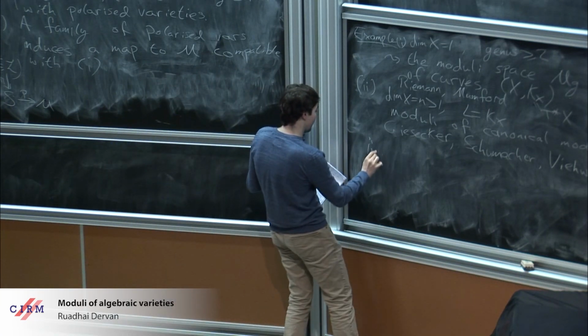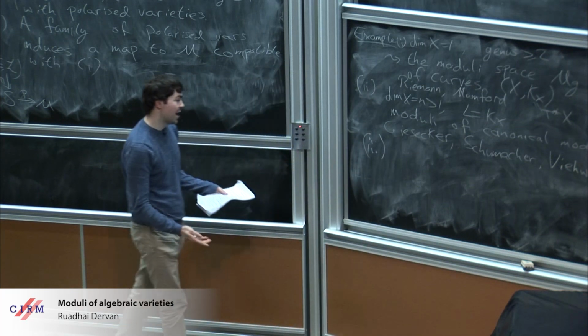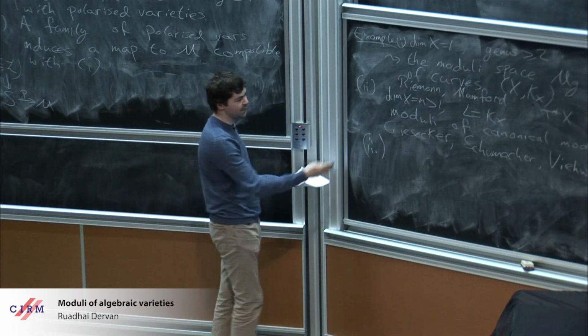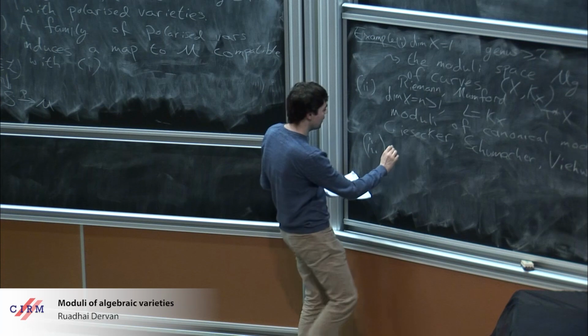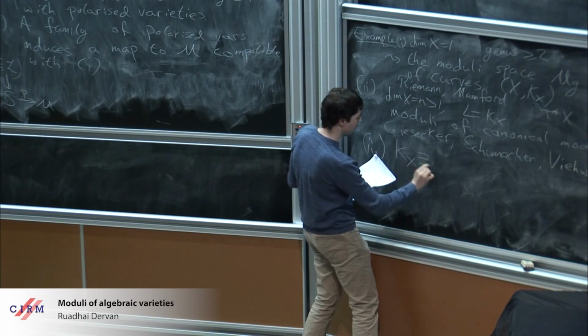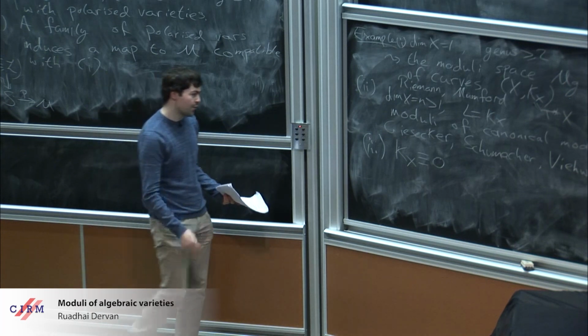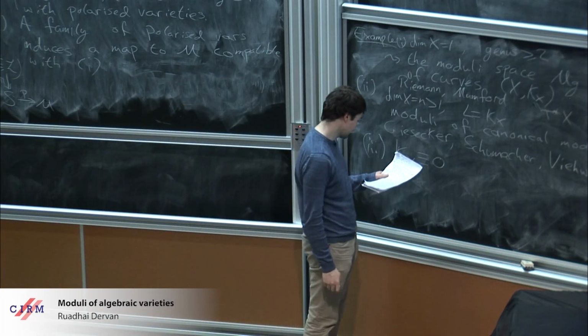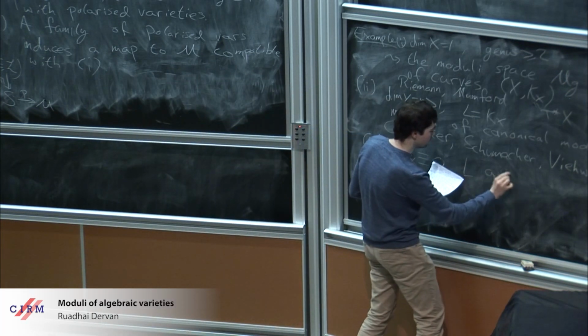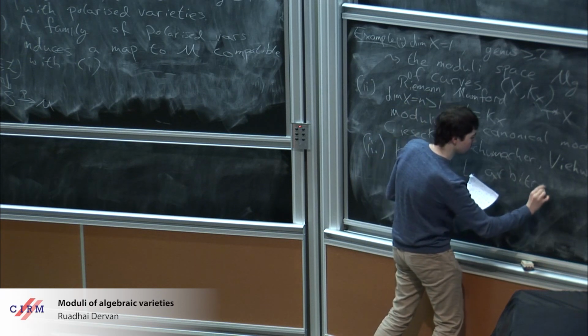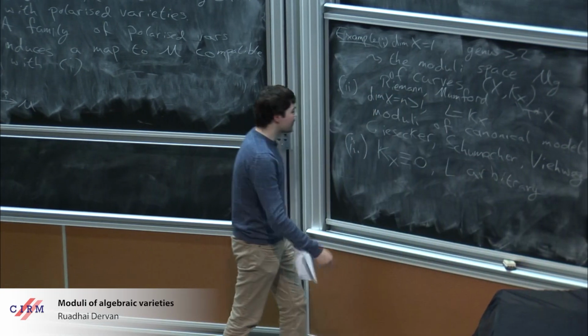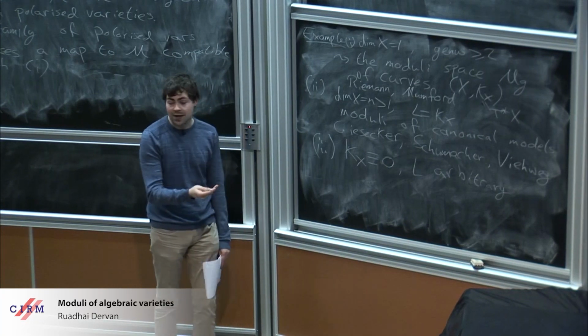The last example that I'll mention is that of Calabi-Yau manifolds, which are one of the other big important classes of varieties. So if Kx is numerically trivial, or say the first Chern class is 0 as a class, say L arbitrary, then you get the moduli space of polarized Calabi-Yau manifolds.